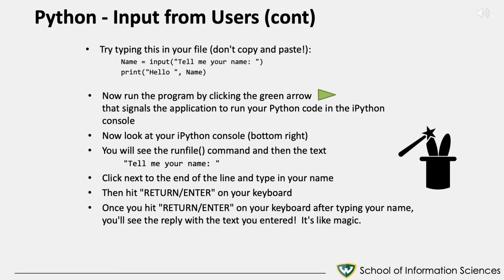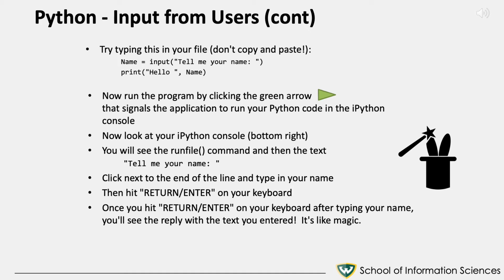So I want you to open up Anaconda. When it opens, click on Spyder to launch it. When that opens, I want you to focus on the left side of the screen and type into the file: capital name equals input, parentheses, quotes, tell me your name, semicolon, space, end quotes, end parentheses.